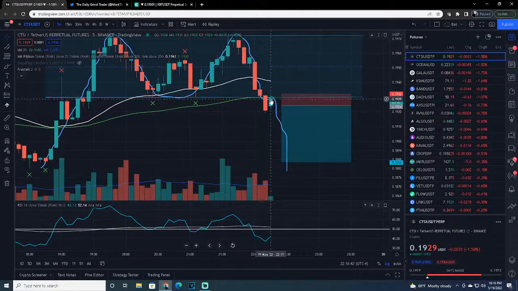Now at this point, I would like to see this kind of reject back down and make a gravestone doji or something. I don't like it just kind of hanging right on it, but we'll see what it does. There's still 3 minutes left.